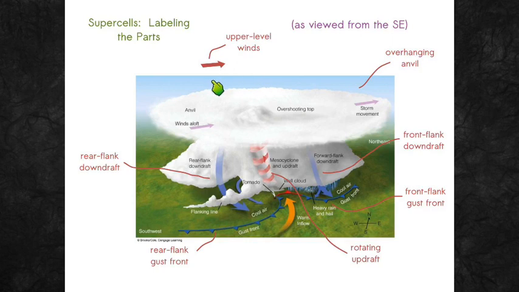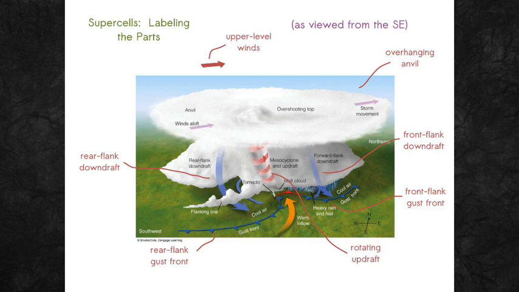So the winds are blowing towards the northeast, or they're southwesterly winds, if you like, at upper levels. And to a first approximation, at least, the storm tends to move in the direction of the mid to upper level winds. And so this whole system is moving off in that same direction towards the northeast. It actually veers a little bit to the right of the wind, but to a first approximation, it more or less follows the wind.